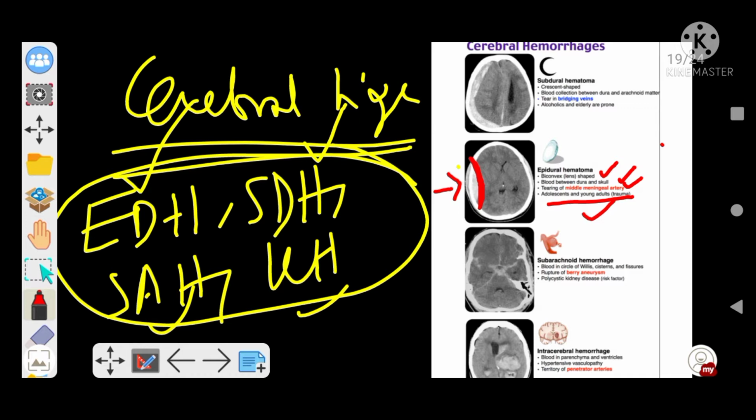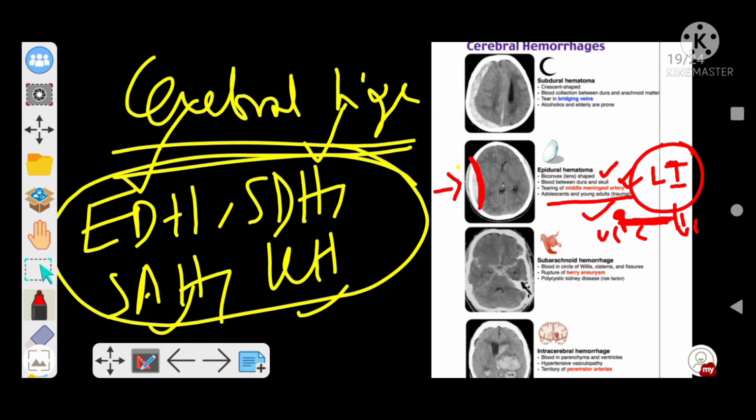And also I would like to add here that there is an associated lucid interval. What is lucid interval? It is the period of consciousness in between two periods of unconsciousness. When the patient has faced an RTA, he is unconscious at this point, and then he gains consciousness, walks to the emergency department and becomes unconscious again.